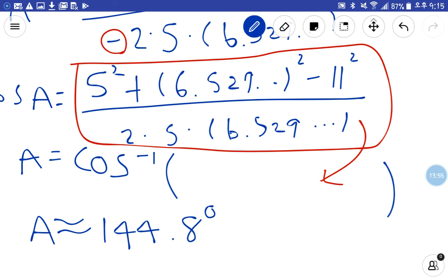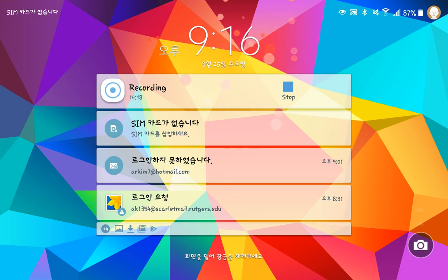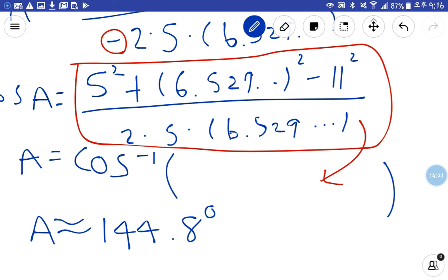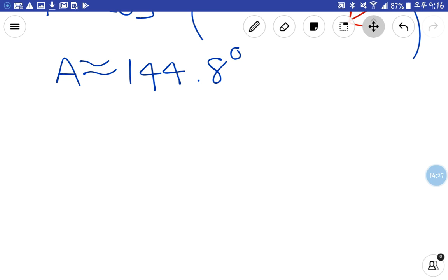Arc cosine, trig arc cosine. Okay, I got 5 squared. Okay, I need a parentheses. I think it's gonna be better next time. I'm going to download my calculator here so that I can really show you how I plug it in on the video, because I didn't download it this time. So maybe next video I'm going to do that. So for now I'm going to just move on.